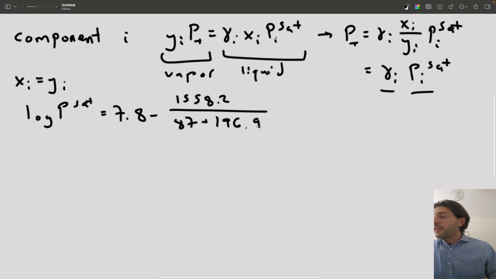And it should be noted that this is for N-butanol. Plugging this into our calculator, we get 2.3.